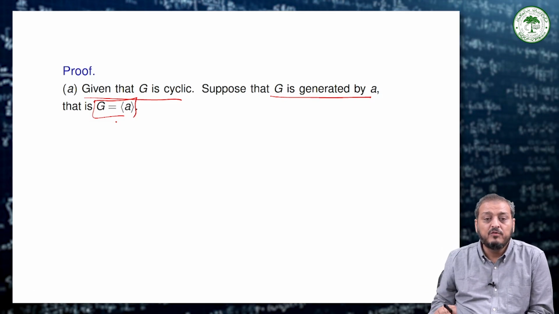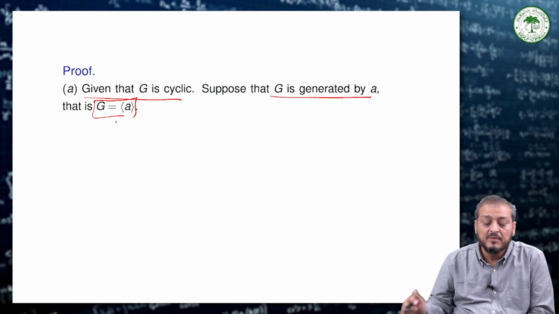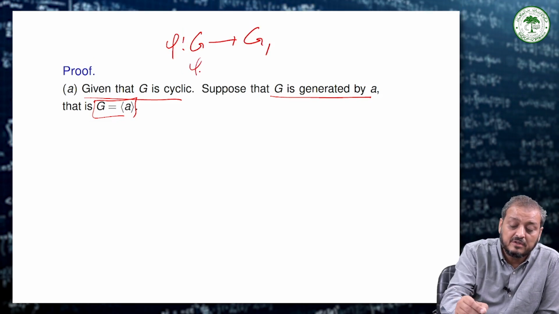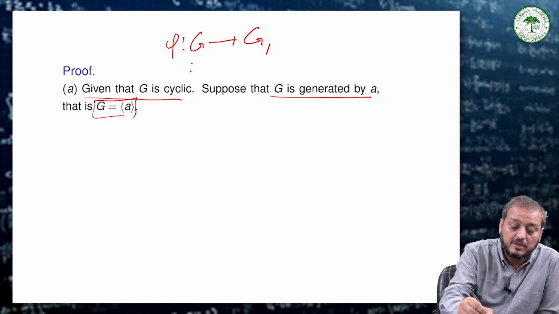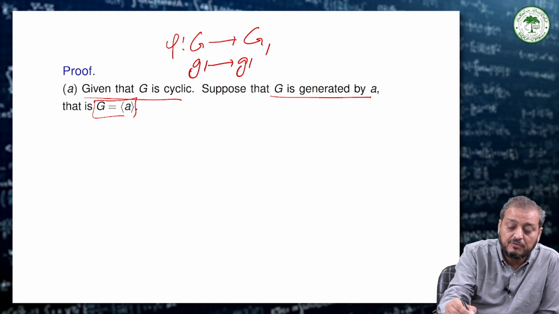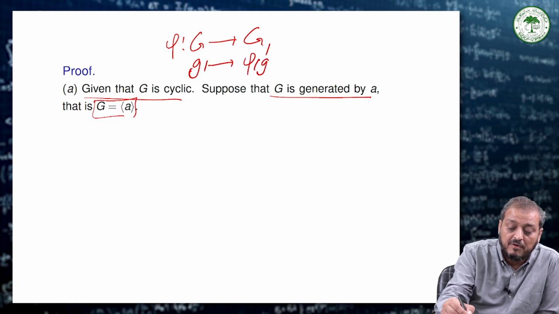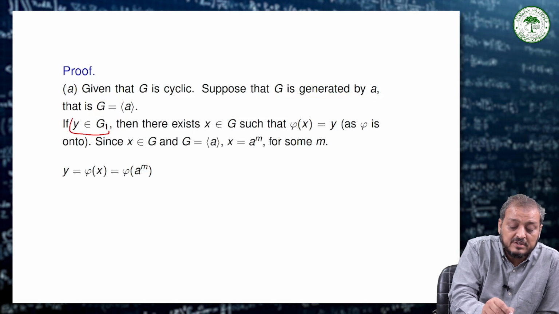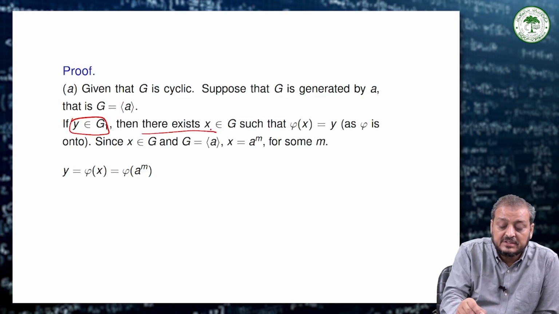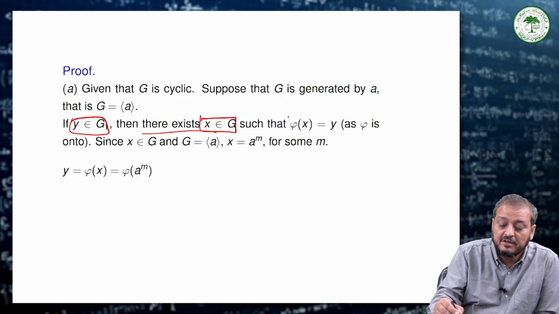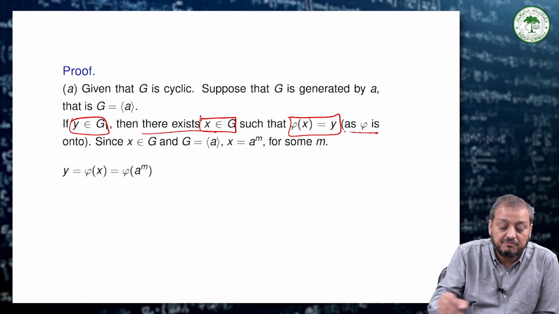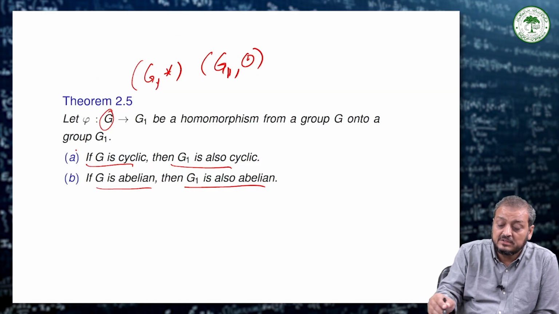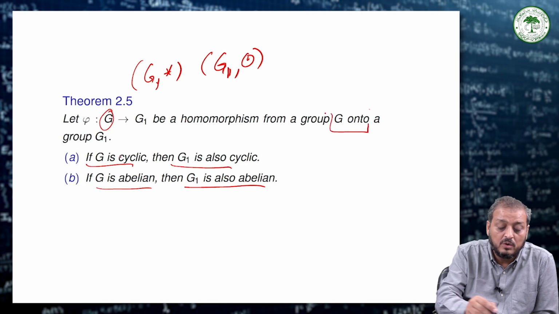Now we have to show that G1 is cyclic. Since phi from G to G1 is a homomorphism, if we choose any y in G1, then there exists some x in G such that phi of x is equal to y, as phi is onto. We have this given in the statement.